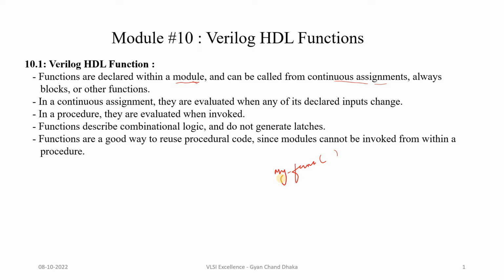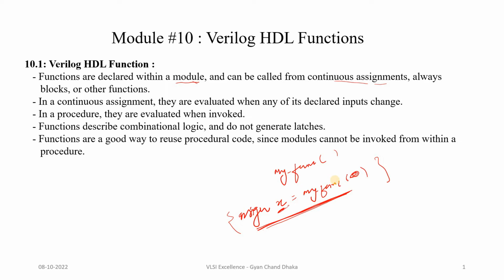So these functions can be called by using the continuous assignments, that means by using the assign keyword. So we can use the assign keyword, then some variable x, and then we can call this function. Whatever the function returns, that value will be stored in the variable x. So this is one way of calling a function. And the assign statement here will get executed whenever there is a change in the input arguments of this function.